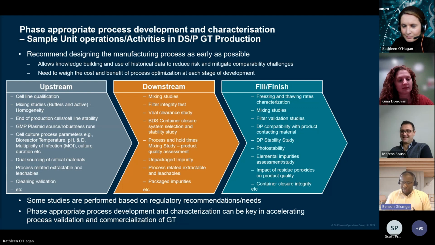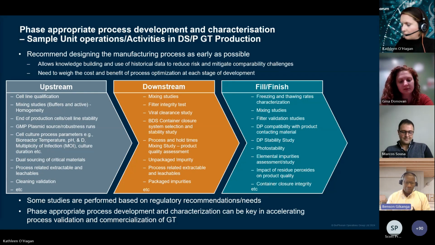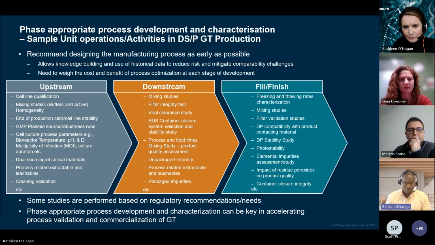Okay, so the next few slides I'll cover some of the things that we talked about as a team. We know that there are some things that we need to do overall during the development of the molecule. We also know that, as Gina mentioned, we have many opportunities to platform processes, and in conjunction with that, platform a number of other things that Catherine started talking about at the beginning, including things like assays.